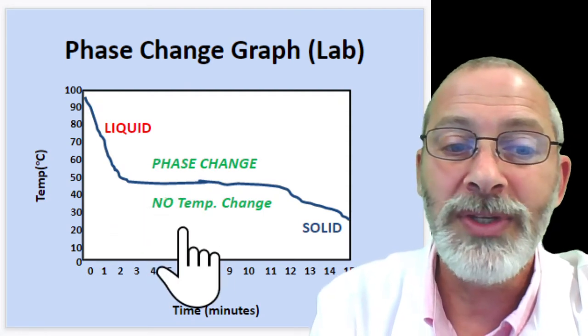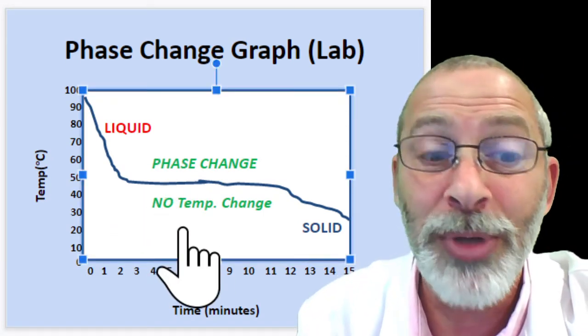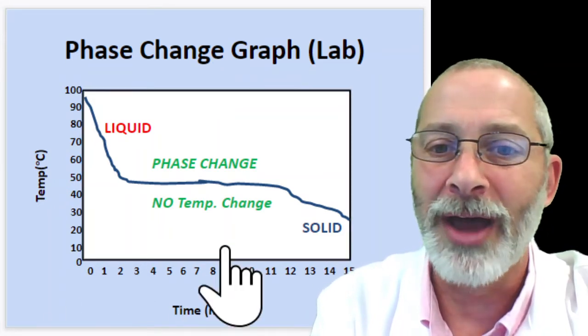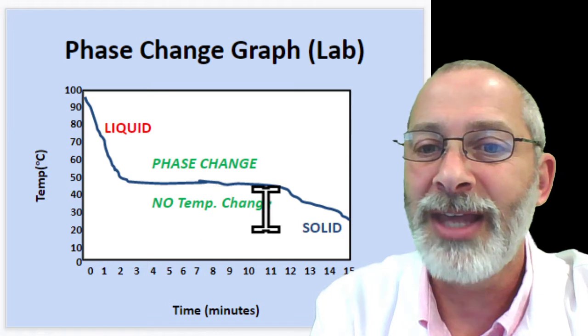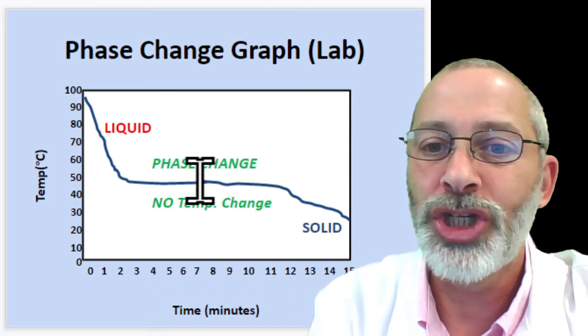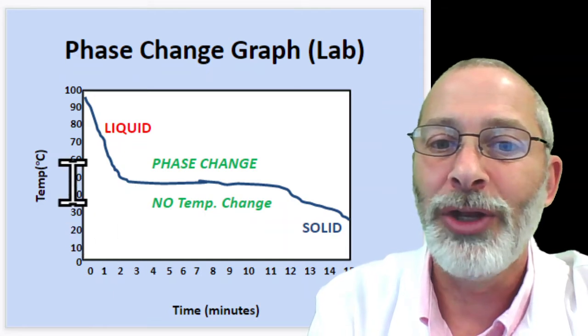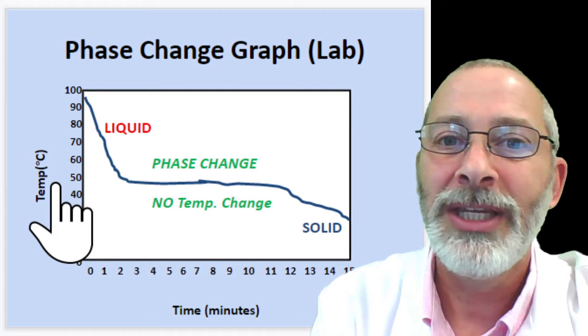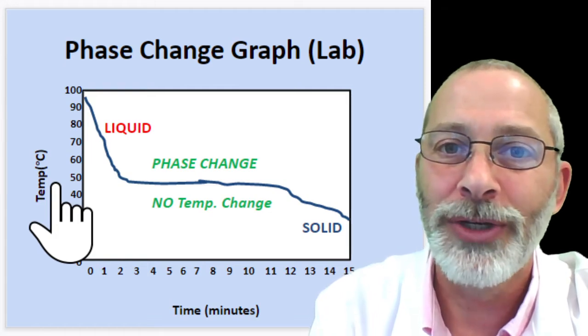And what was happening to the temperature at that point in time? Think about it. What is happening to the temperature during the phase change? Look at the shape of the graph and look at your y-axis. There was no temperature change.